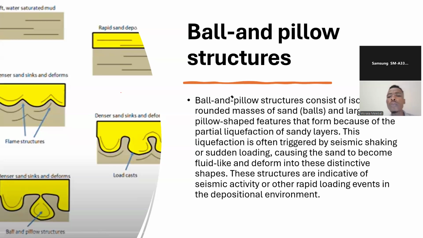So ball and pillow structures consist of isolated, rounded masses of sand, or balls, and larger pillow-shaped features that form because of the partial liquefaction of sandy layers. This liquefaction is often triggered by seismic shaking or sudden loading, causing the sand to become fluid-like and deform into these distinctive shapes.